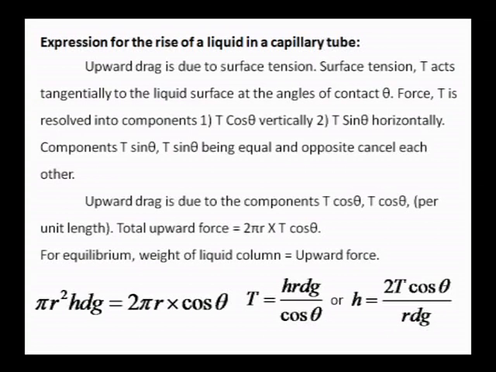So, pi r squared h d g is the total weight of the liquid column, and that must be equal to 2 pi r into T cos theta. Simplifying this, we get the height of the liquid in the capillary tube as h equals 2T cos theta by r d g, where T is the surface tension of the liquid, theta is the angle of contact, r is the radius of the capillary tube, d is the density of the liquid, and g is the acceleration due to gravity.